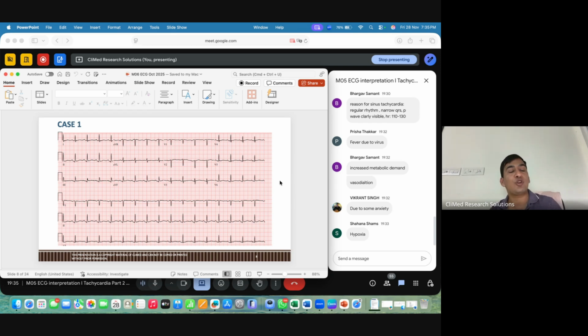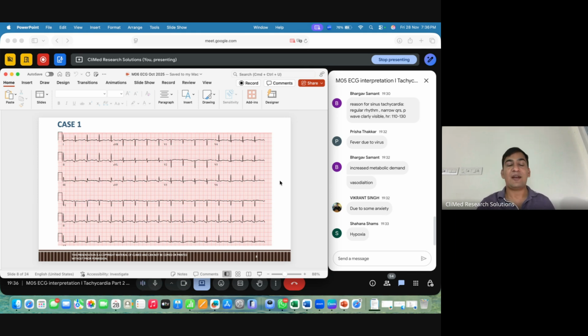And there could be another reason, hypovolemia and dehydration. Fever leads to poor intake of food and water, and it also leads to sweating, and because of that the intravascular volume actually decreases, the cardiac output also decreases, and the heart tries to compensate.